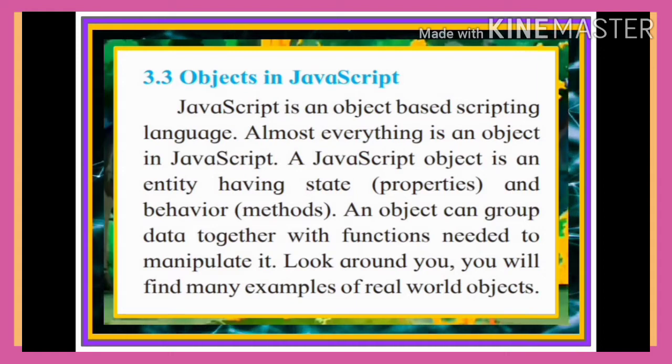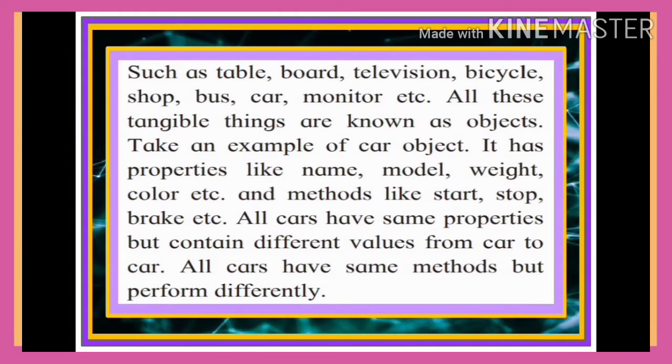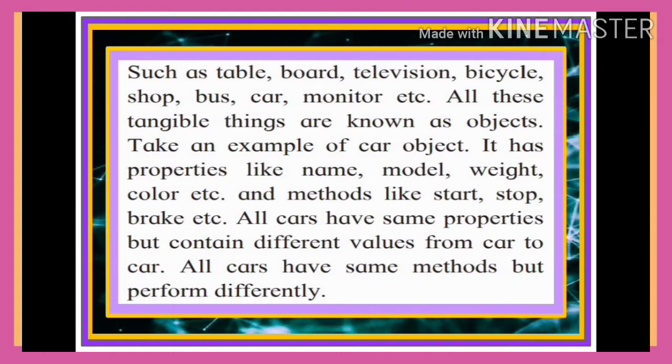Look around you, you will find many examples of real world objects such as table, board, television, bicycle, shop, bus, car, monitor, etc. All these tangible things are known as objects. Take an example of car object.